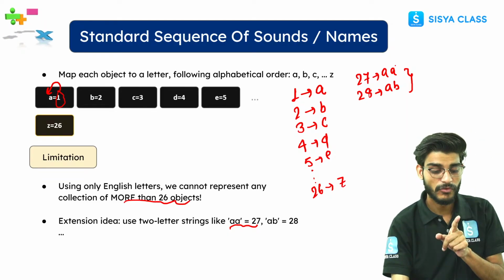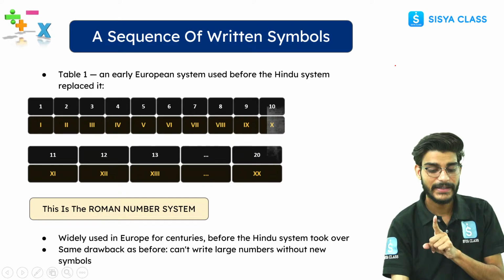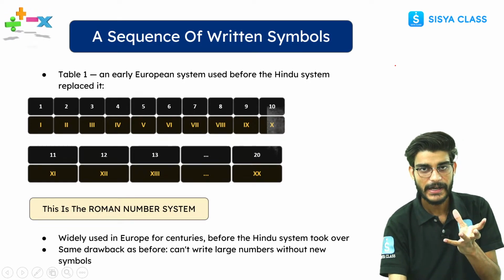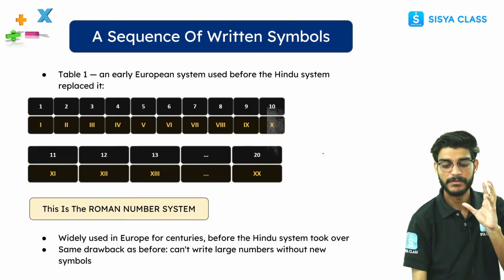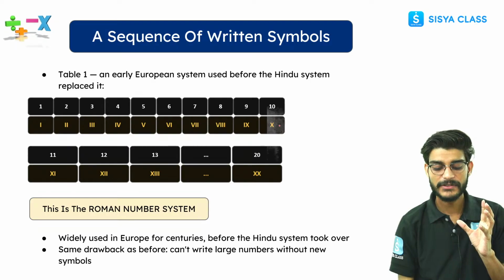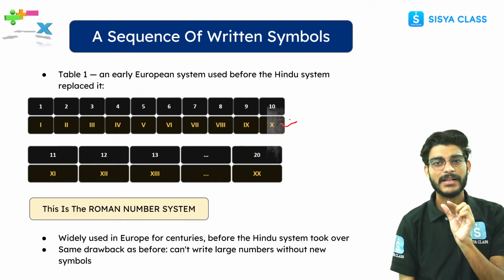Now let's move on to the next thing, and that is the symbols. Now we have symbols for each number. I think everyone is familiar with these symbols, that is the Roman numerals.